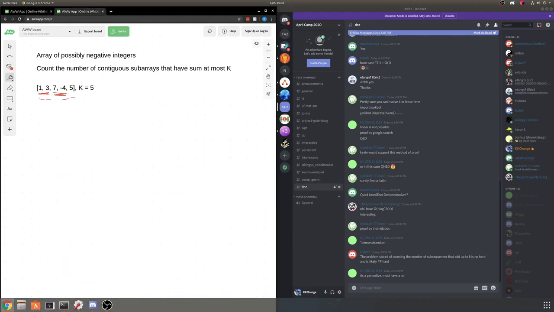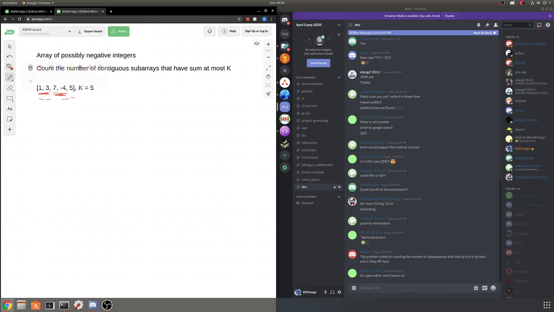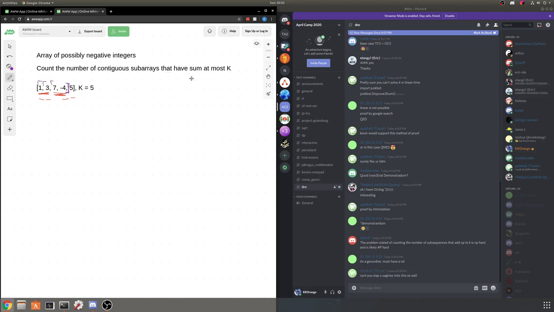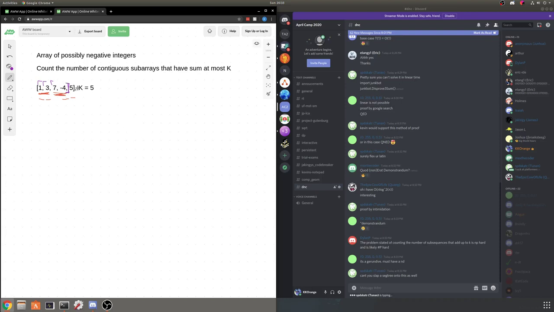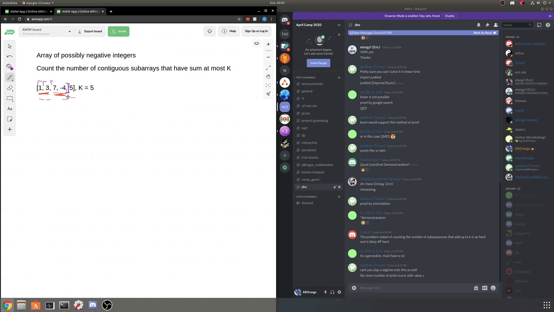There are a lot of subarrays to consider, so what if I fix an endpoint, count all the subarrays that have sum at most k ending here, and see how many possible starting points would fit my description. One difficulty is that some of the numbers are going to be negative. If all the numbers were positive, you could do a fairly simple binary search, but because you have negative numbers, things get a bit complicated.